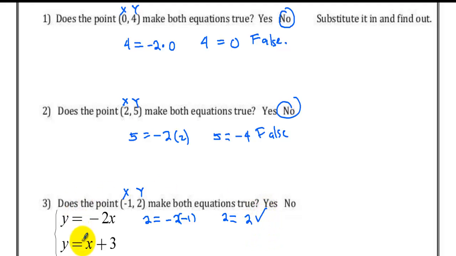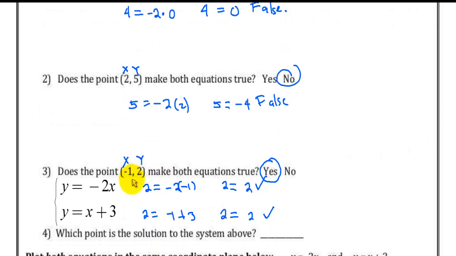Now let's plug this point into our second equation. So y is equal to 2, x is equal to negative 1, plus 3. So we have 2 equals negative 1 plus 3, which is equal to 2. Alright, in our second equation, the point (negative 1, 2) is also a solution.